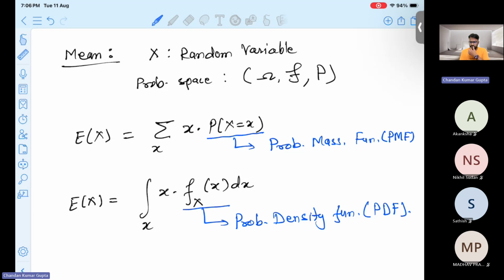So this is the formula for mean, arithmetic mean, average, or expectation.